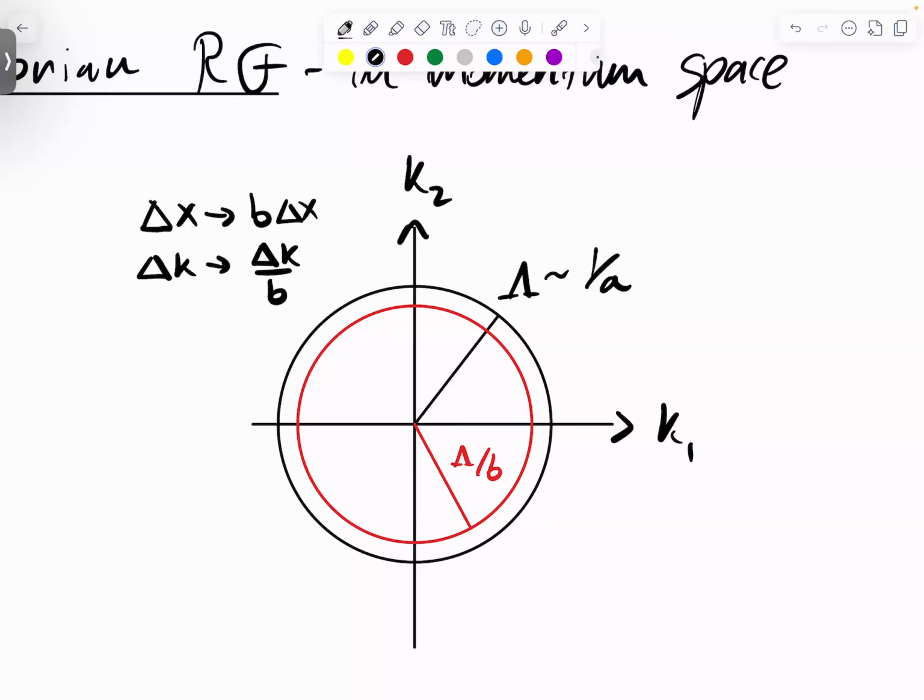Because if I'm shrinking the momenta, it's like stretching in real space, because momentum and position have this conjugate relationship, so smaller momenta means larger length scales. Then we have this ring here.